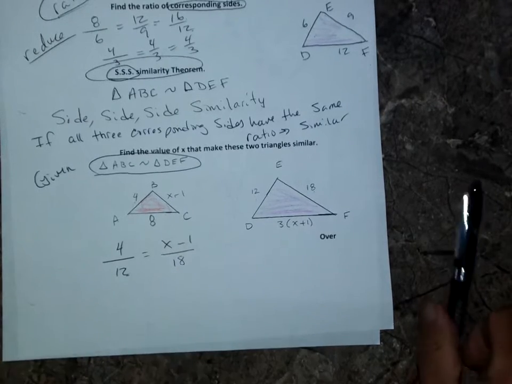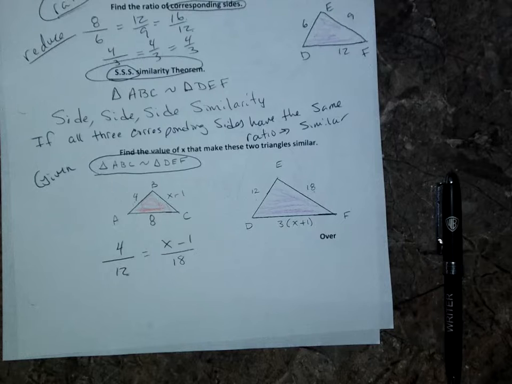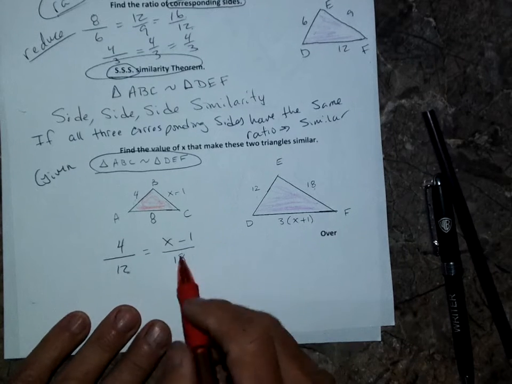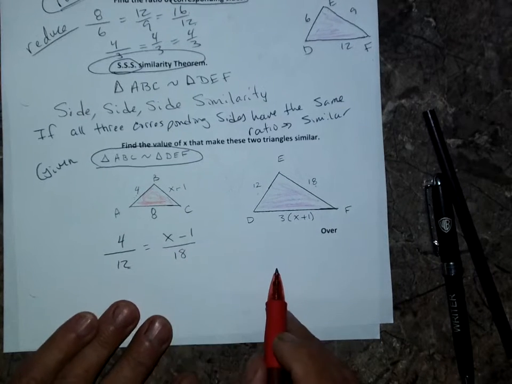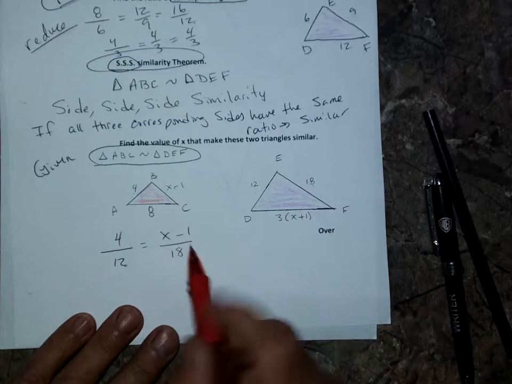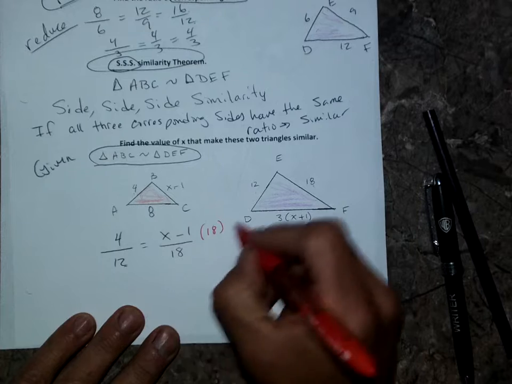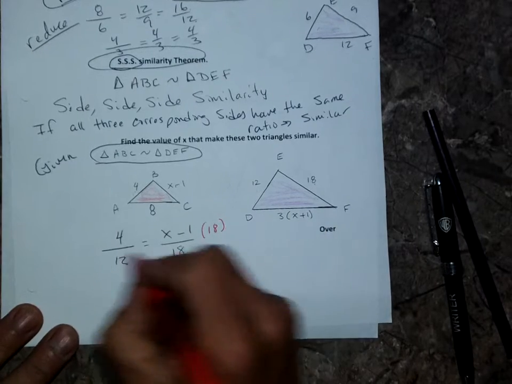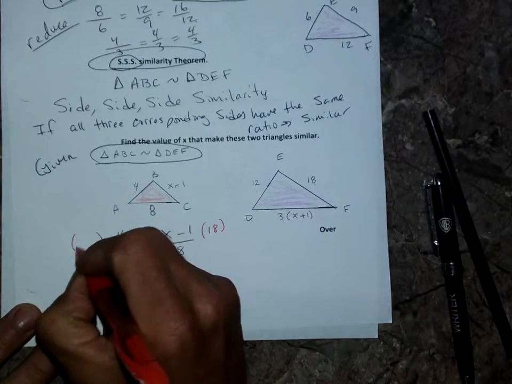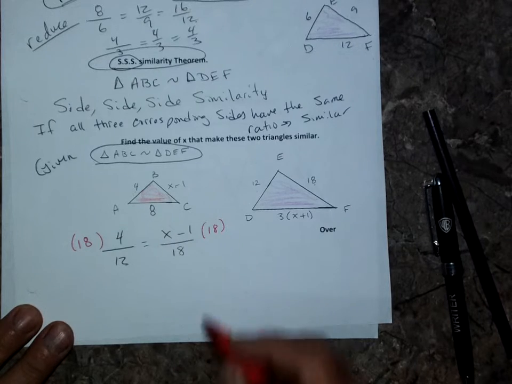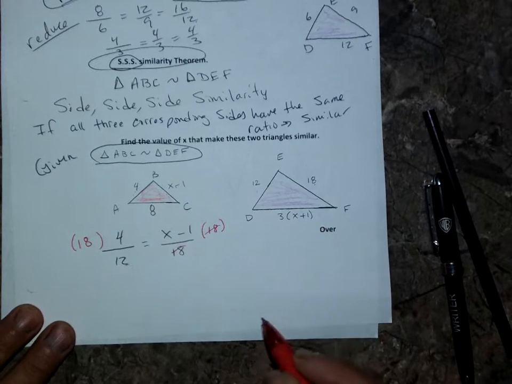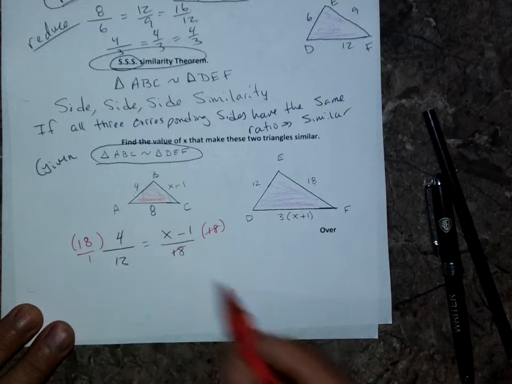Okay, now, how am I going to solve for x? Well, the first thing we do is, see this divide by 18? Let's undo it. Instead of divide by 18, I multiply by 18, and of course I have to do the same thing on the other side. I multiply by 18. My 18s will cancel, and that's 18 over 1.